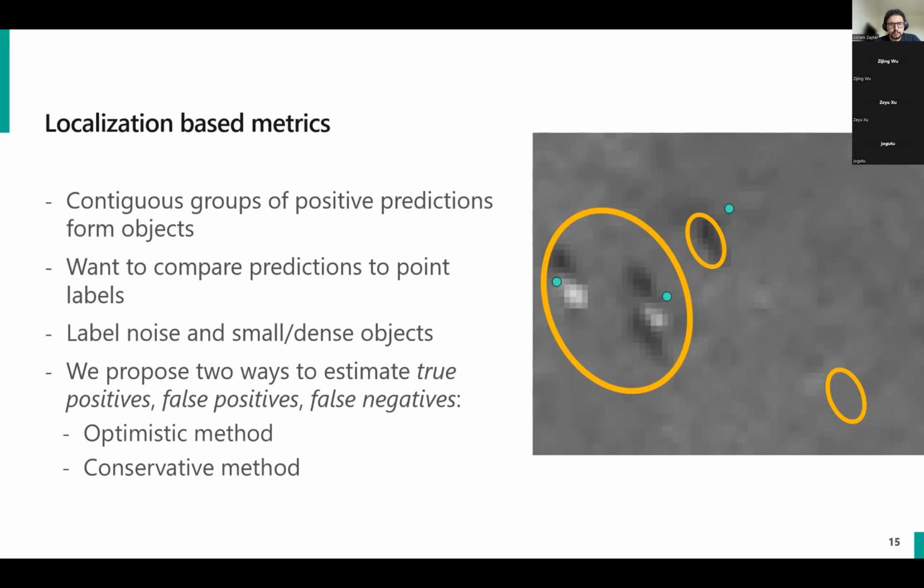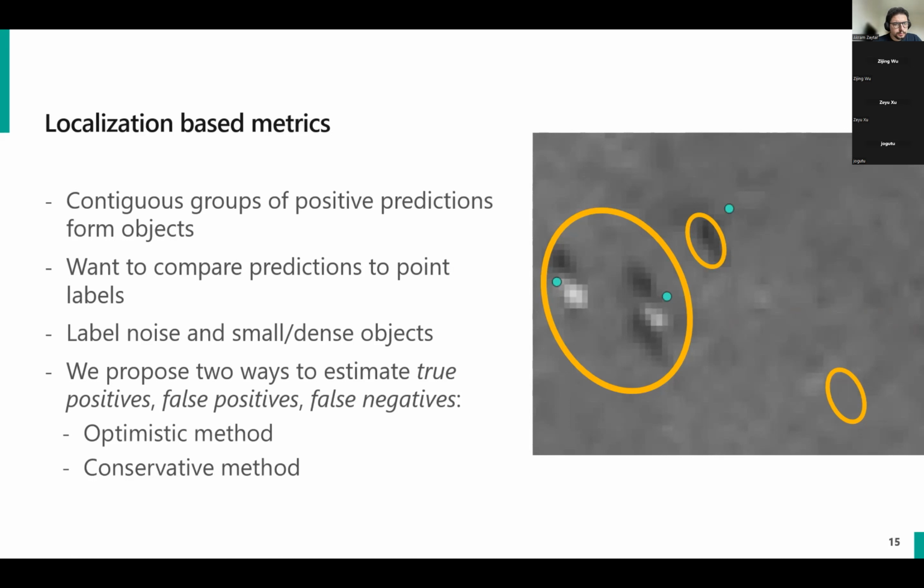So a segmentation model output is going to say there's some group of pixels that it thinks are a cow, and we want to say whether or not that group of pixels is actually a cow or not. And the problem here is that due to the label noise and the fact that our objects are really, really small, it becomes easy to misclassify a prediction as a false positive or misclassify a label as a false negative.